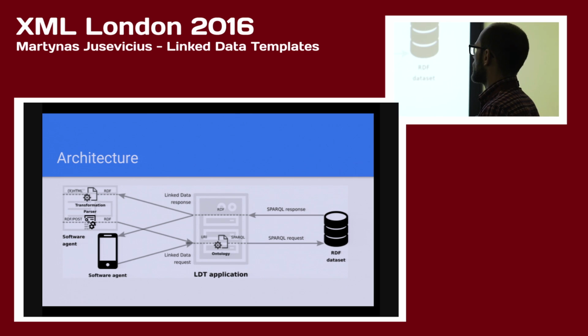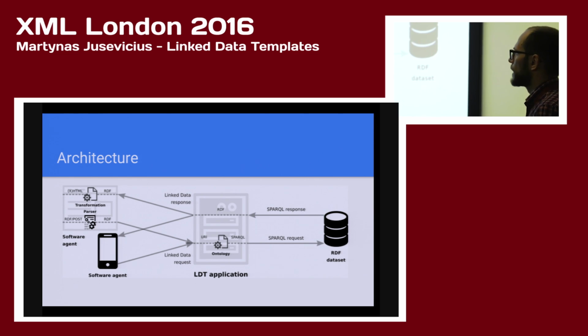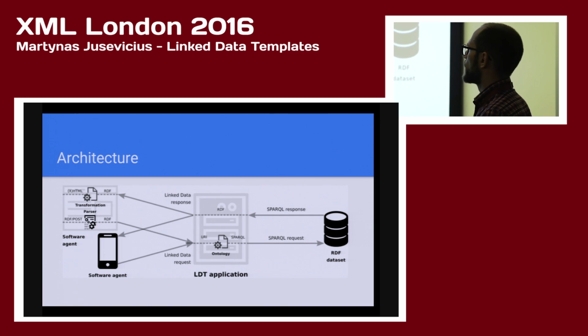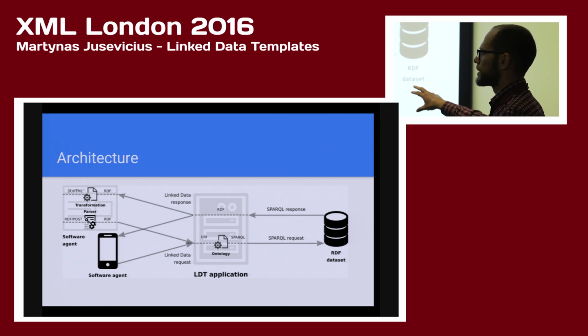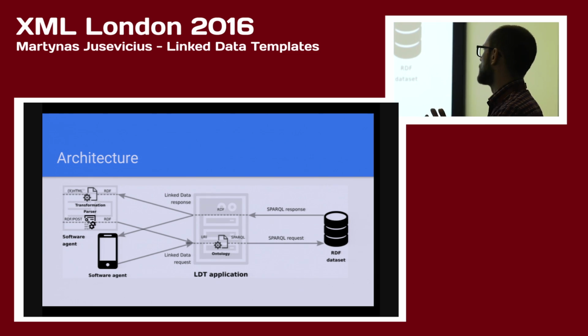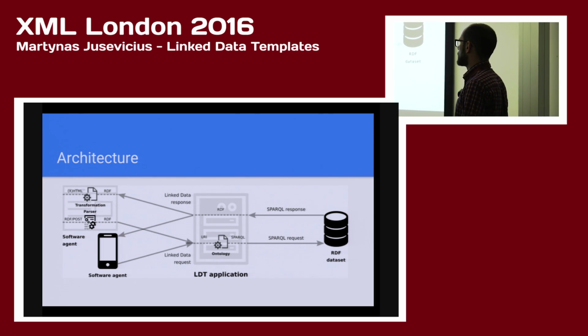Yes, and in some cases, and that's how it is done in our platform, the client that does the transformation to the web page is actually part of this central application. So the client and the server are baked together into one component. And so that's the basic architecture that we came up with.